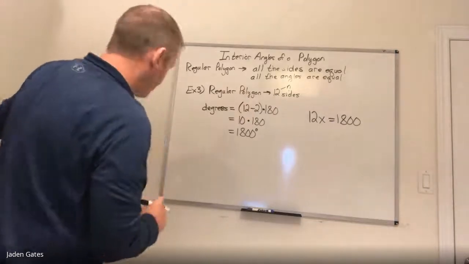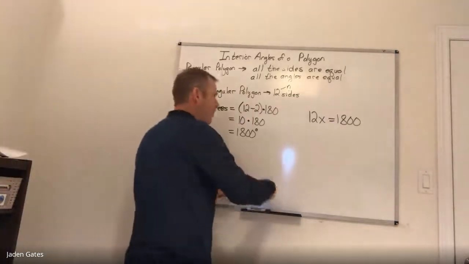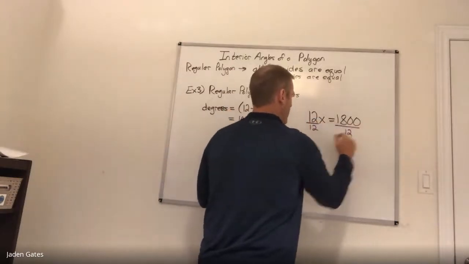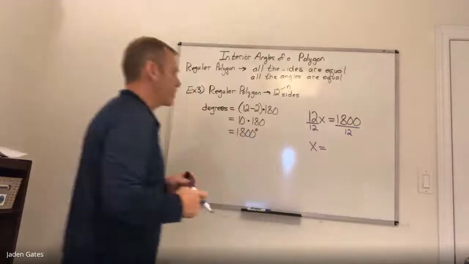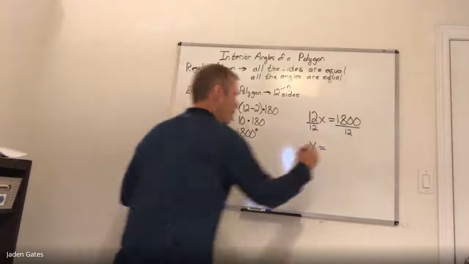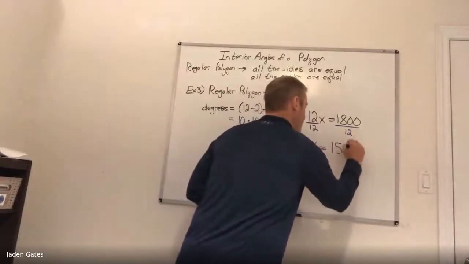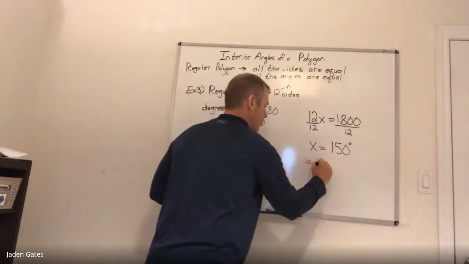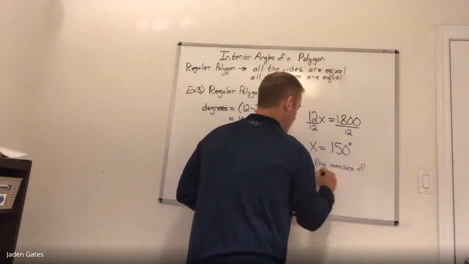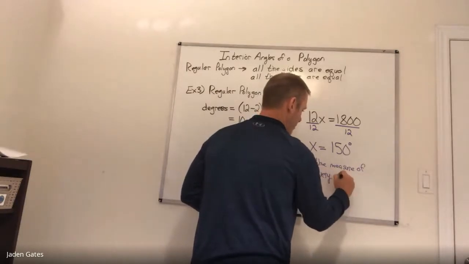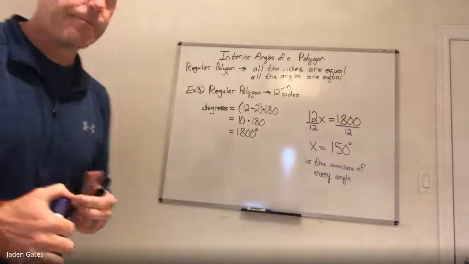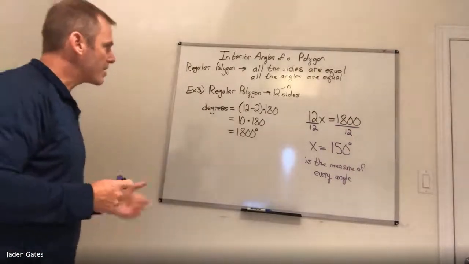Now all I have to do is divide by my numerical coefficient, which is 12. 1,800 divided by 12 is 150 degrees, the measure of every angle inside that 12-sided shape. Again, because it was a regular polygon, they're all the same. And so that's how we figure it out.